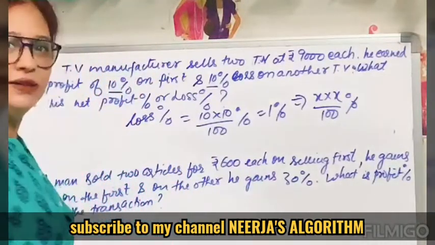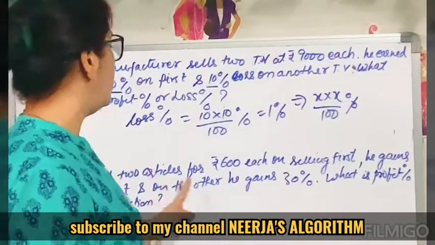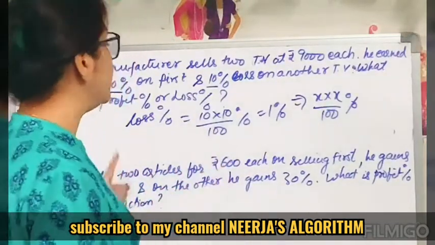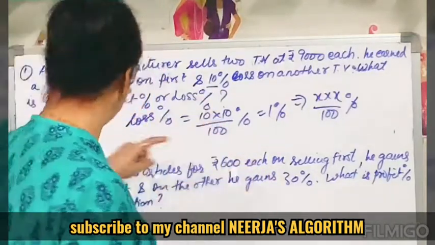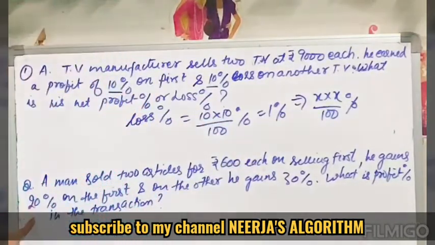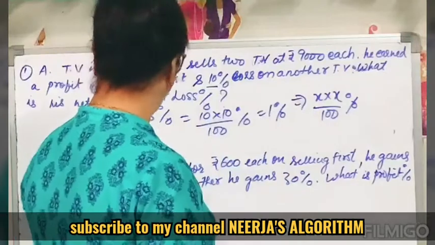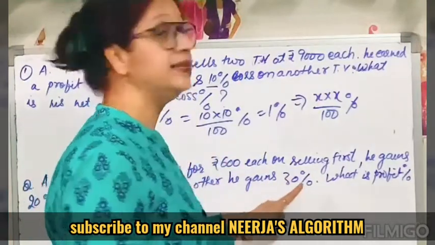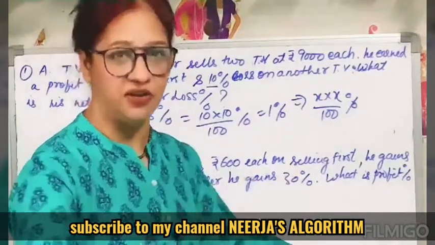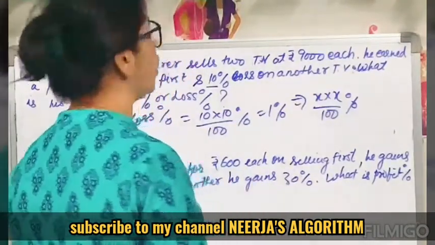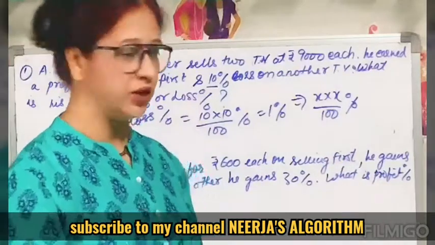Let's start with another question. A man sold two articles for rupees 600 each. On selling the first, he gains 20%, and on the other, he gains 30%. Here, the profit and the loss are different. What is the profit percent in the transaction?